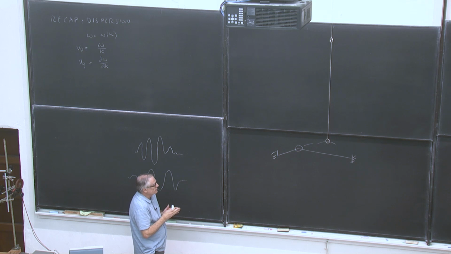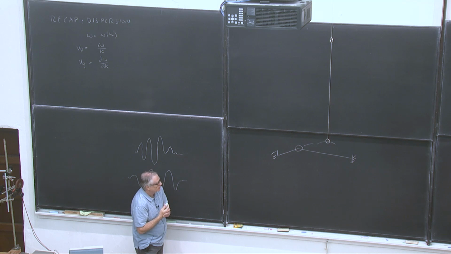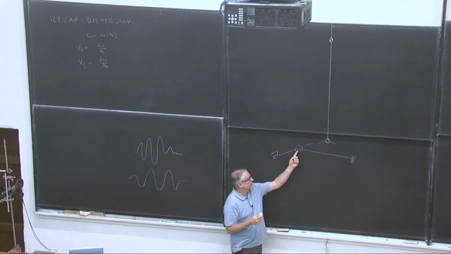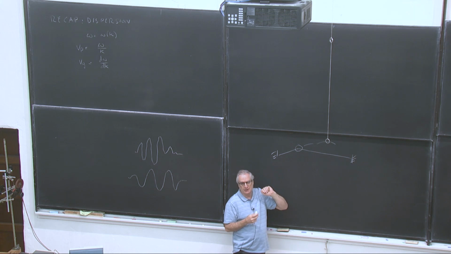But there's another feature that's going to come in here with a steel wire like this. I'll get my ordinary normal mode frequencies, except that if I try to make a sharp bend in it like this, there's going to be some additional nonlinearity in the restoring force.